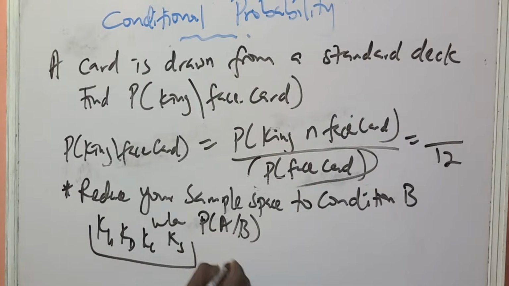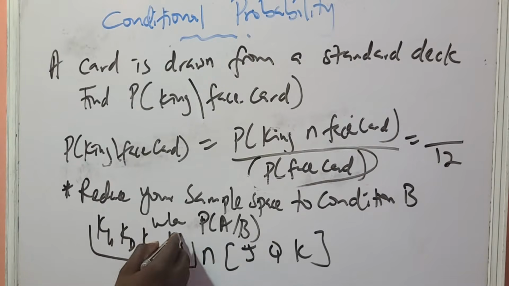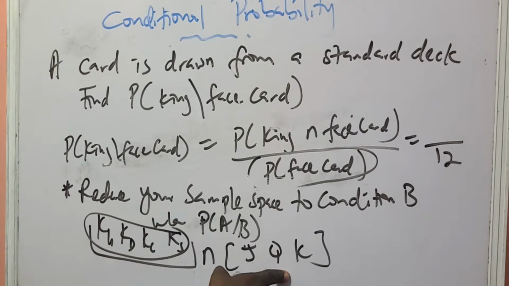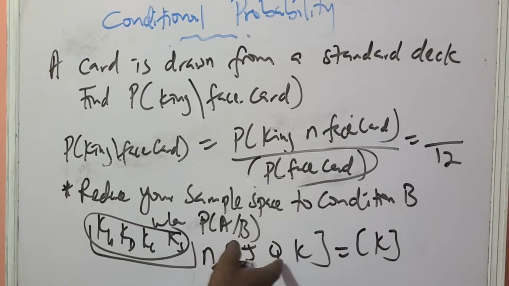Now, you have that of face card: jack, queen, and king. Now, look at this. What will be the intersection between these two events? Of course, all the kings will be present in the intersection because they are present in both, but that's all. You don't have jack and queen in this case. Only king was here and here. So obviously, the number of elements in this event space will be 4.